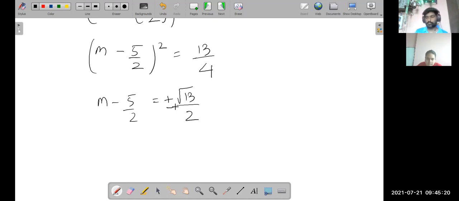It will become m minus 5 upon 2 plus root 13 upon 2 and m minus 5 upon 2 minus root 13 upon 2. Yes, correct. And then you just have to do normal calculation. Root 13, you keep it as it is.